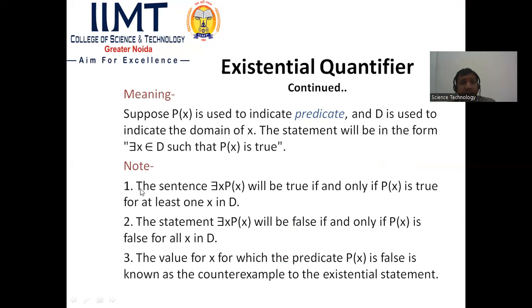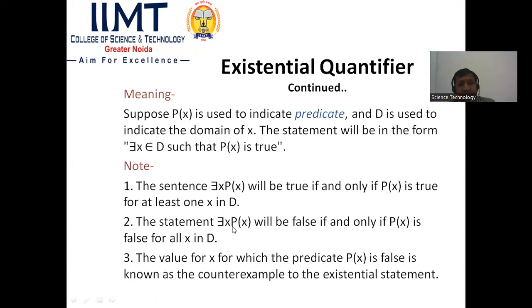This is denoted by, as I have mentioned in note 1, if I write there exists x P(x), that means P(x) is true for some elements x of the universe of discourse D.